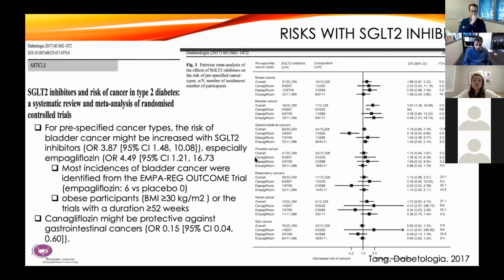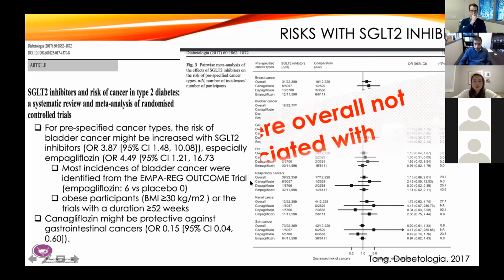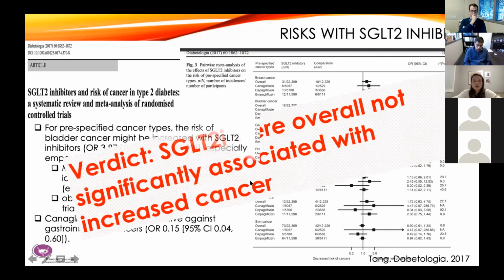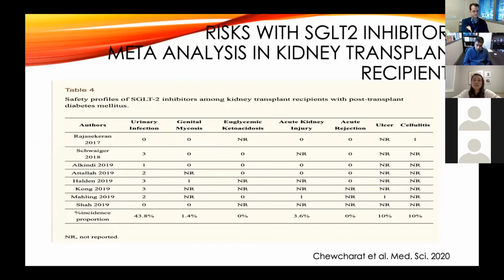So they weren't exactly sure that this is related to bladder cancer, and no FDA warning has come out of this. Interestingly, canagliflozin might be protective against gastrointestinal cancer. So the verdict is SGLT2 inhibitors were overall not significantly associated with increased cancer.